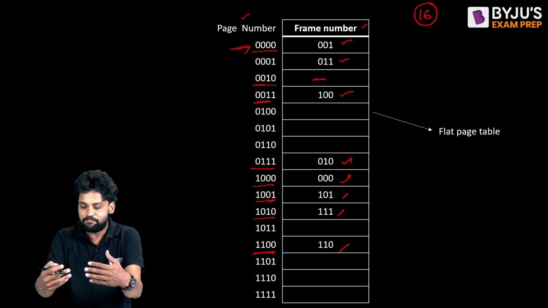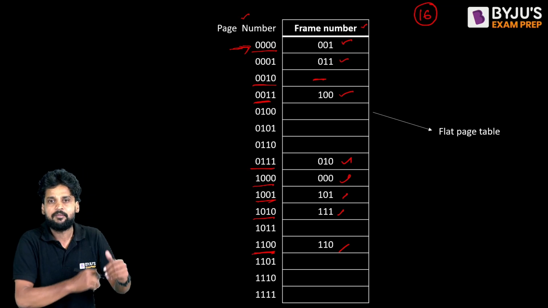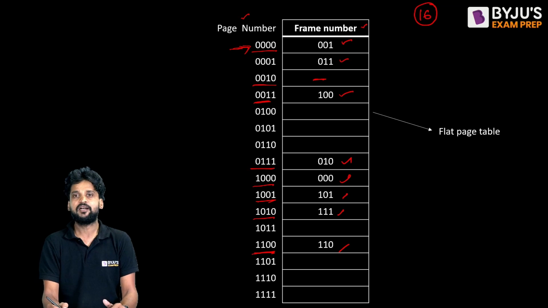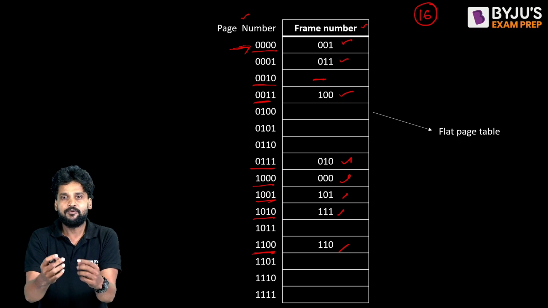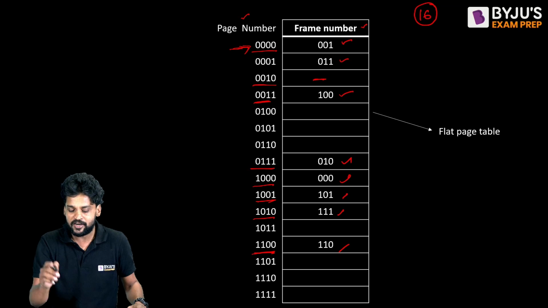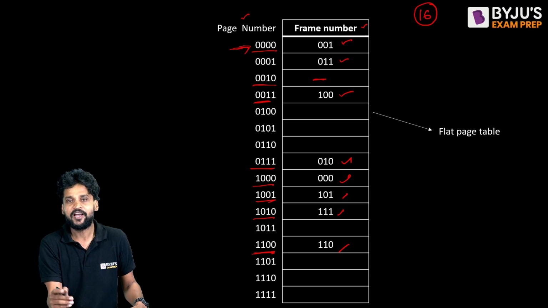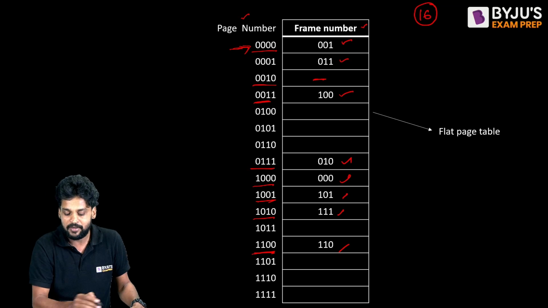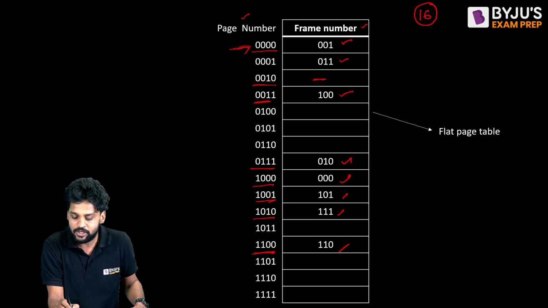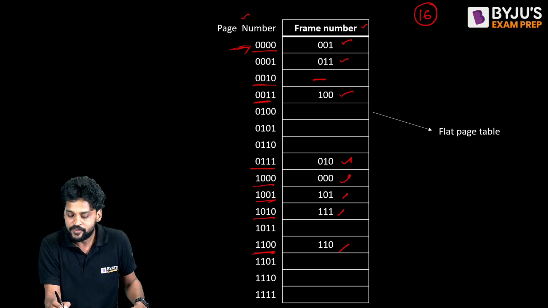Okay, so whenever a page is transferred to the main memory, immediately within the page table, an entry will be made which holds the block number. For instance, 0101 has been transferred to the main memory into the first block. So against 0101, there will be a frame number in which this page is available.